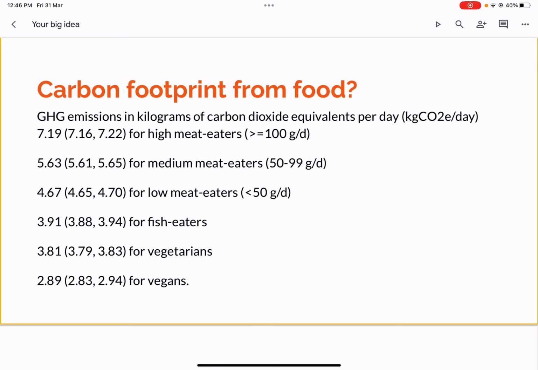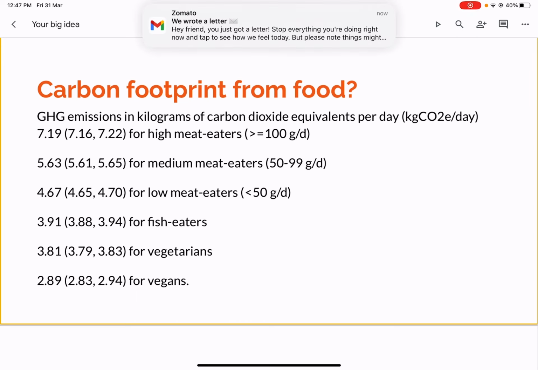So typically, if a family or a person is a high meat eater, and by high meat eater, the study has quantified it as 100 grams of meat per day, if per person meat is consumed, then we can attribute the carbon footprint per person to 7.19.